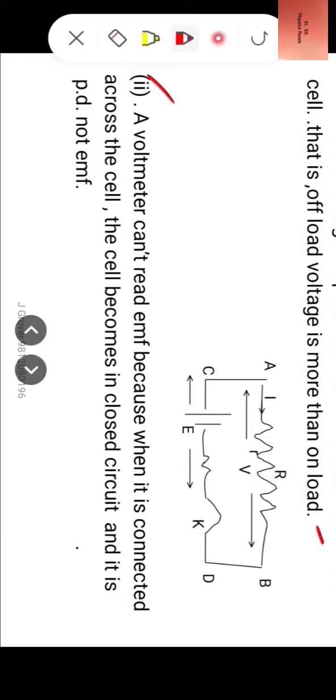So the terminal PD becomes potential difference. It is no longer EMF because some current flows through the voltmeter itself, and the cell becomes a closed circuit when the voltmeter draws electric current for its operation.